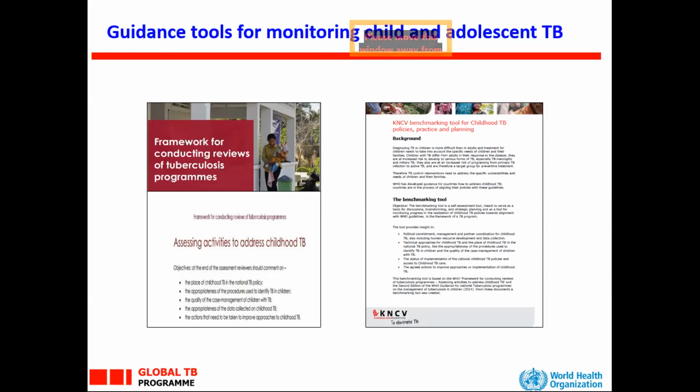And these are now nicely captured in the benchmarking tool, which was developed by the KNCV, and it captures all the different elements that national programs and also technical working groups can use for self-assessment. I'll briefly go into detail on what the benchmarking tool covers in the next slide.